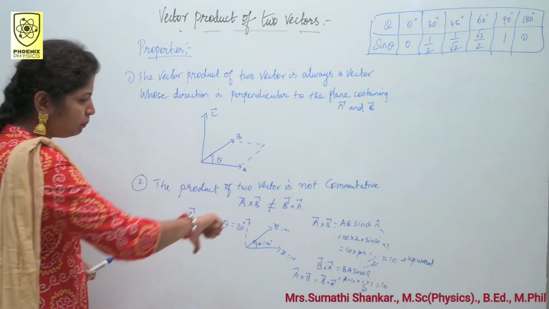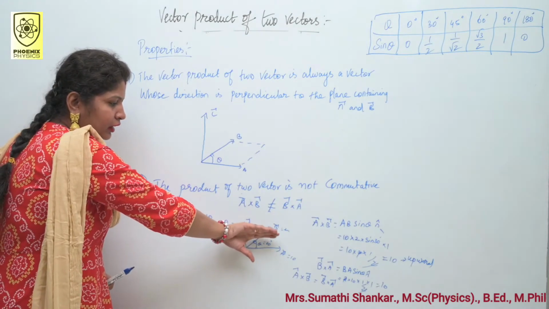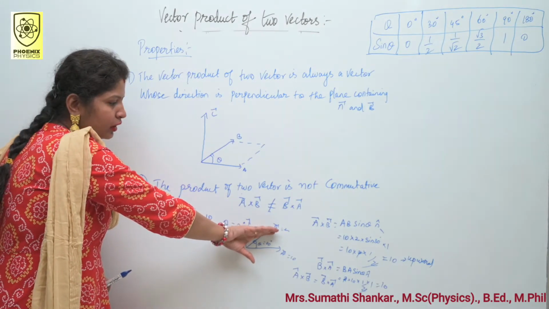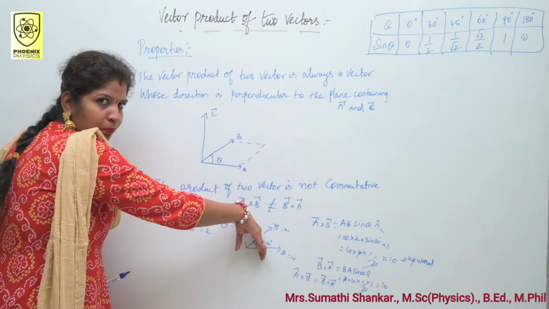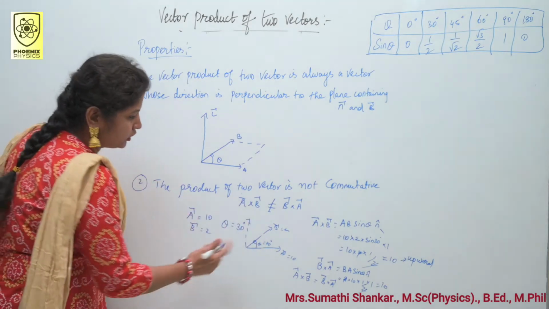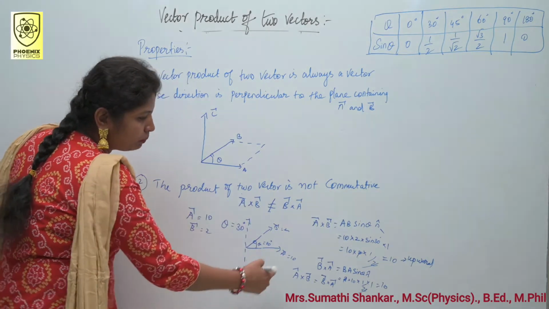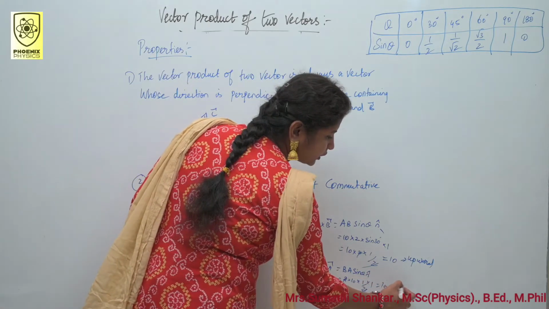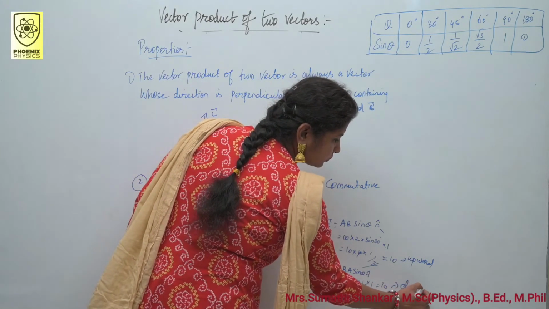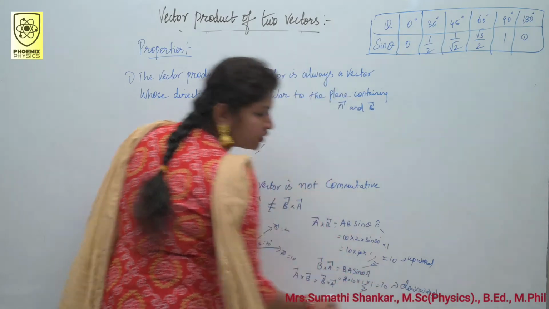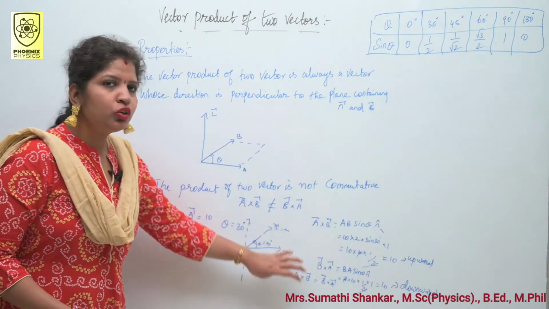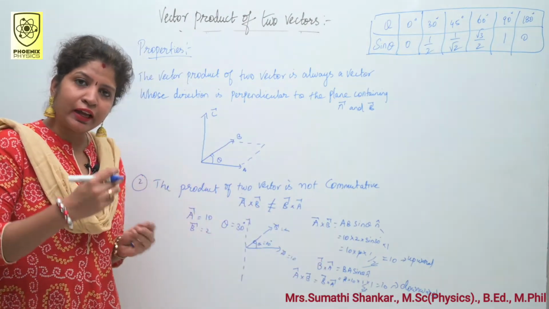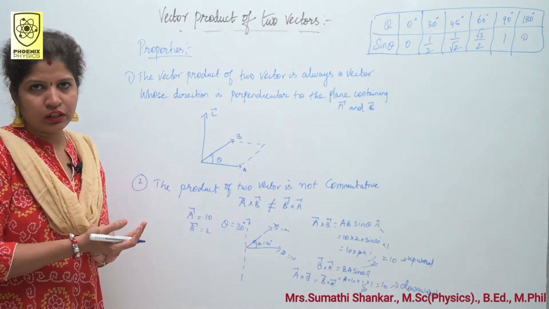Similarly, place your finger like this, curl the fingers from B to A, thumb points in the downward direction like this. So B cross A gives the direction that is downward direction. So what is the meaning? The magnitudes are equal but the directions are opposite to each other.